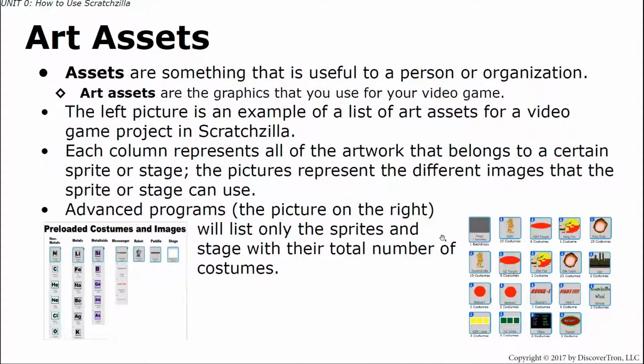Just know that we're going to provide all the art assets for you, and the advanced versions of the instructions will have just an icon picture of the sprite with the number of costumes, which are the graphic images stored for that sprite. And then the more entry-level instructions will have an icon for the sprite and a small list of all the different costumes or graphics for that particular sprite.